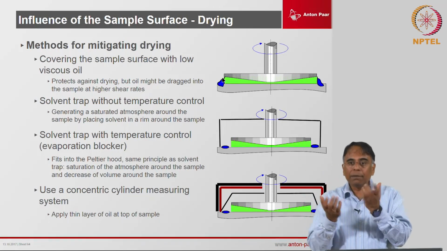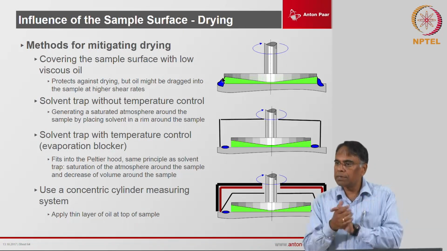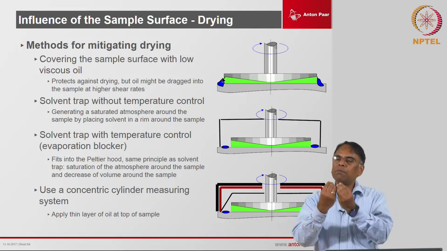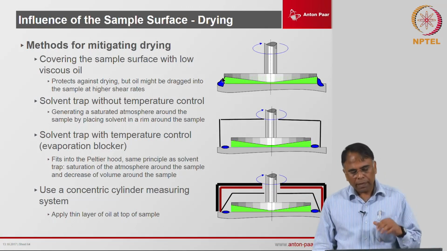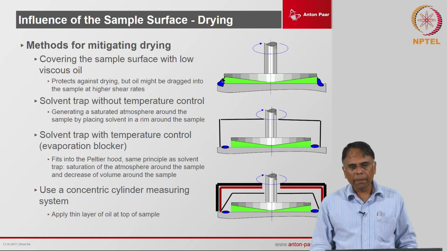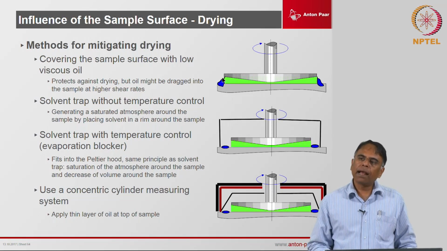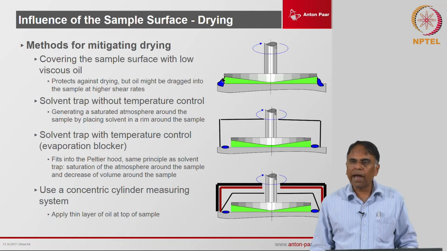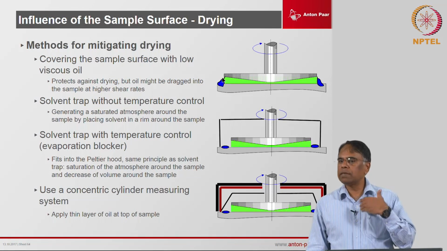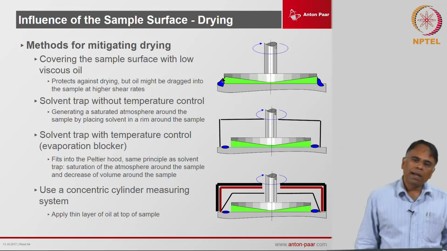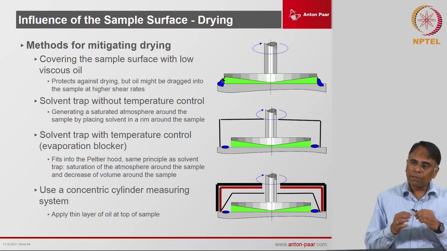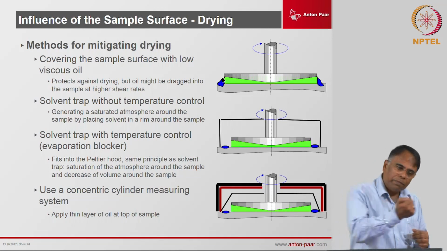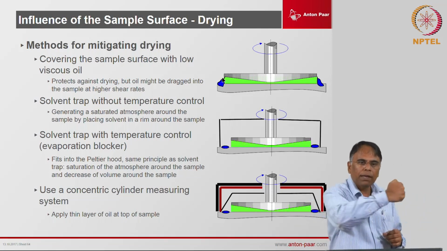And in parallel plate specifically, this influences greatly because your maximum measurement is actually done at this edge. Okay. So, it is important that if you are using a geometry like parallel plate and cone plate for samples with some volatiles which can dry, then it is better to use what we call a solvent trap. Or, if your samples are water based for example, then I can load the sample and with a dropper add a very low viscosity oil covering the edge.